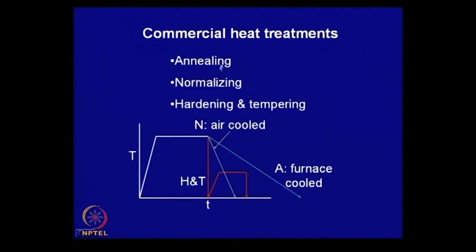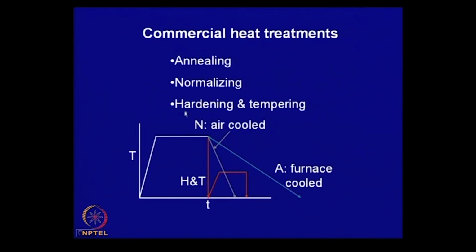And for extremely slow cooling, after soaking, you can just switch off the furnace and let the job cool in the furnace. In that case, furnace cooling, the heat treatment where the job is cooled in the furnace is called annealing.